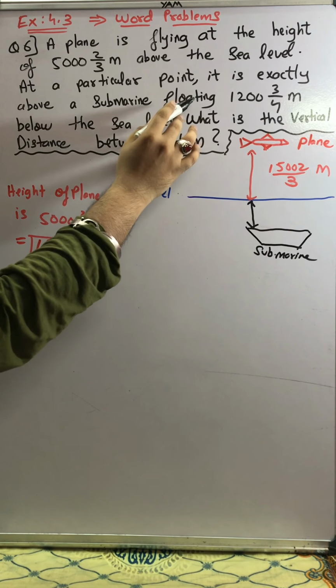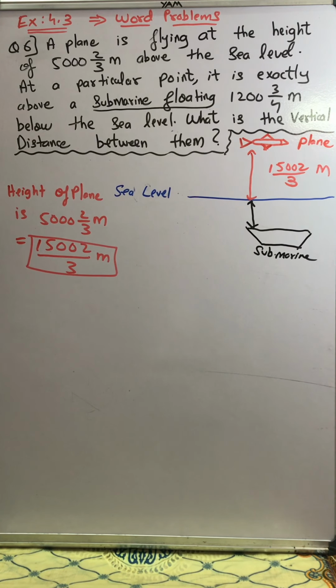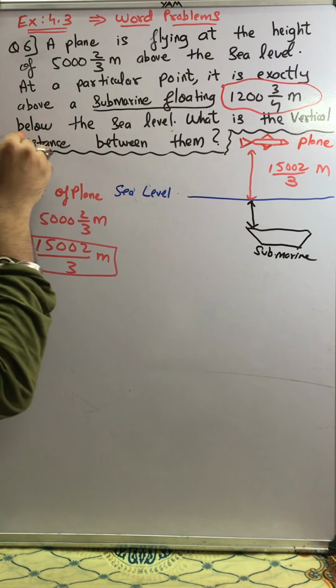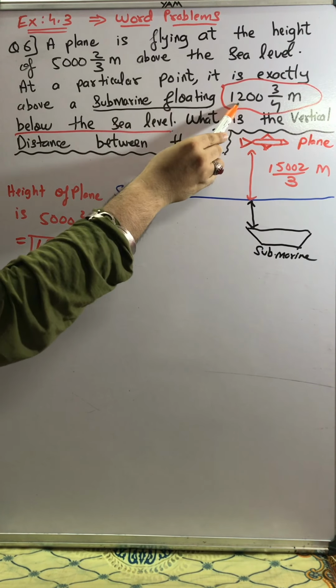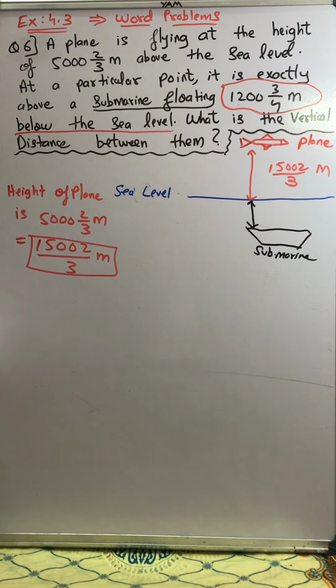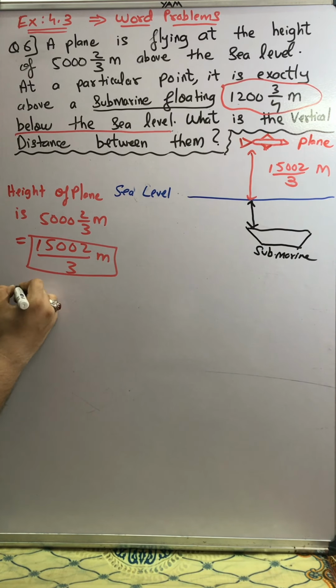Floating at, now they are talking about submarine. Submarine floating 120 3/4 meter below the sea level, from the sea level. So now I write here submarine.